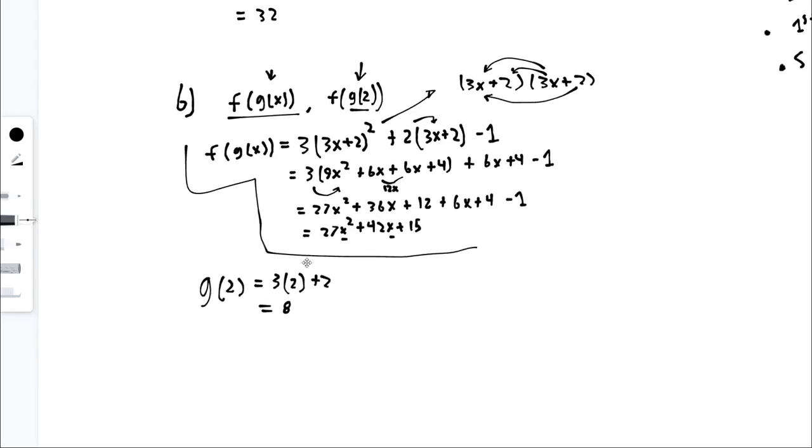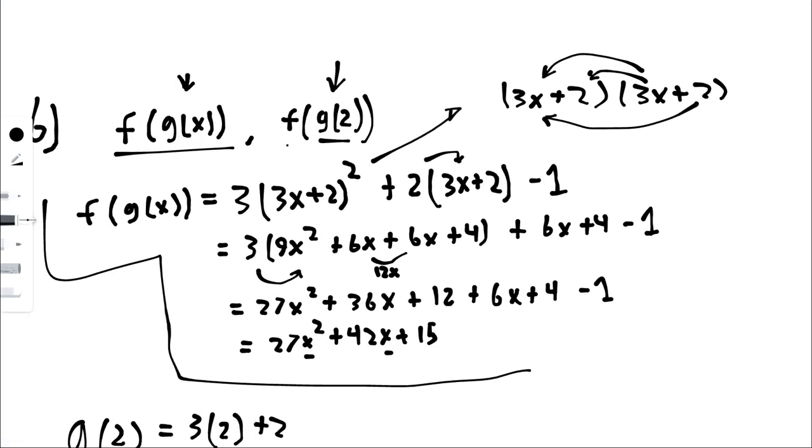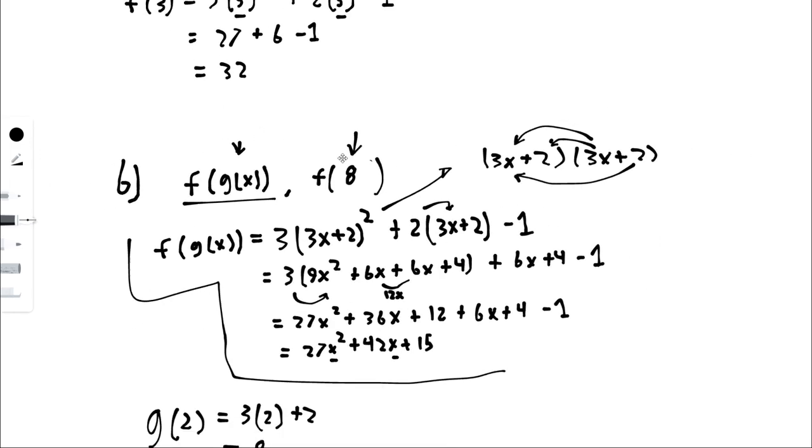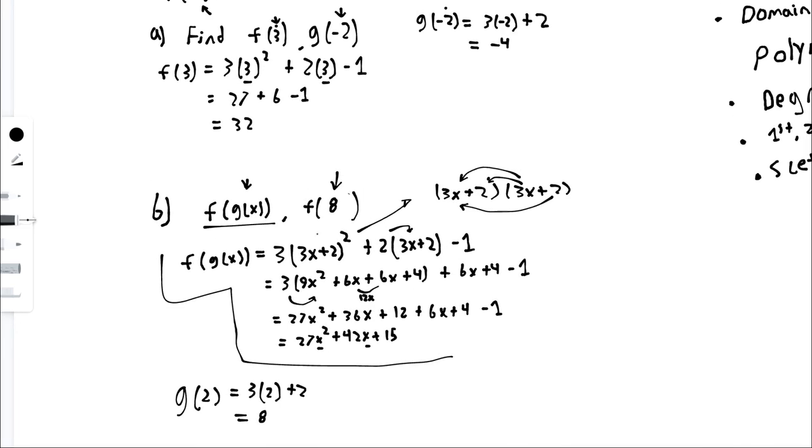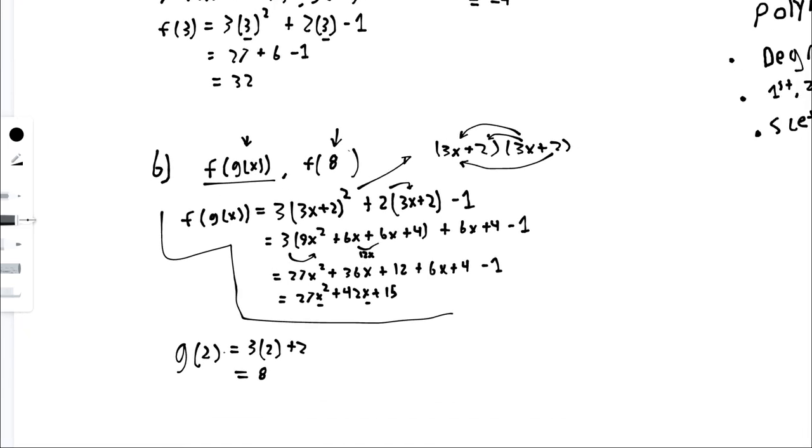Now that we know what g of 2 equals, we can erase this, so it's not g of 2 anymore. We're just going to replace it with 8. So now it's f of 8. That's not really what the question's asking, but they're identical. g of 2 equals 8.